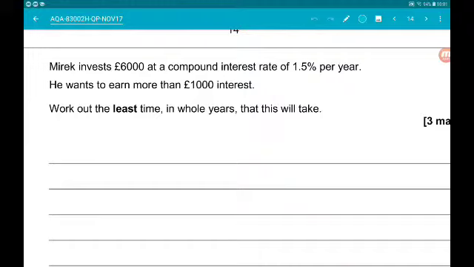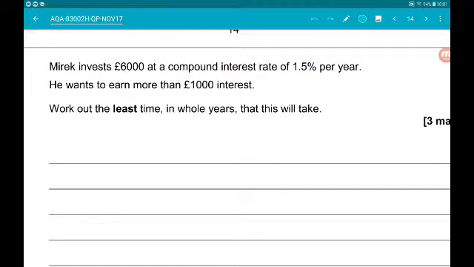Okay, question 15, we have compound interest. So Marek invests £6,000 at compound interest rate of 1.5% per year. He wants to earn more than £1,000 interest. Good luck. We want to work out the least time in whole years that this will take. So, trial and error, really.